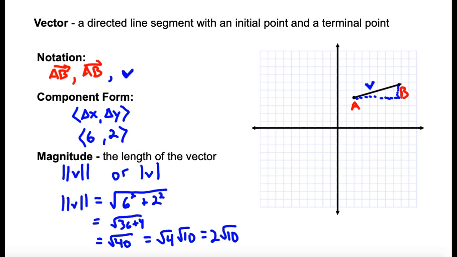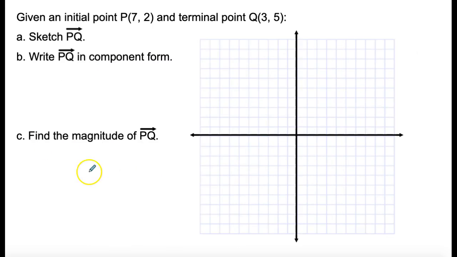So let's go through a full practice problem with those ideas. Here we're given 2 points, an initial point and a terminal point. So let's sketch out what that vector would look like. It's saying we're starting at the point 7, 2, and ending at the point 3, 5.